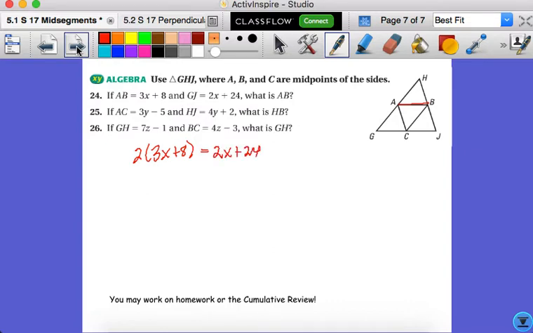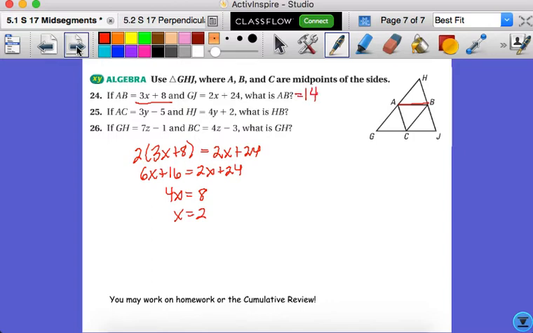So when we distribute that, we've got 6x plus 16. And our x value comes out to be 2. But they don't just want the x value of 2. They want you to find the length of AB. So I need to go back and plug that in here. 3 times 2 is 6. 6 plus 8 is 14.